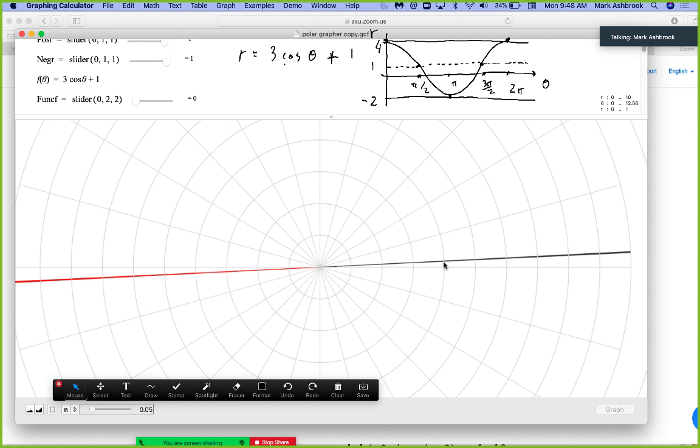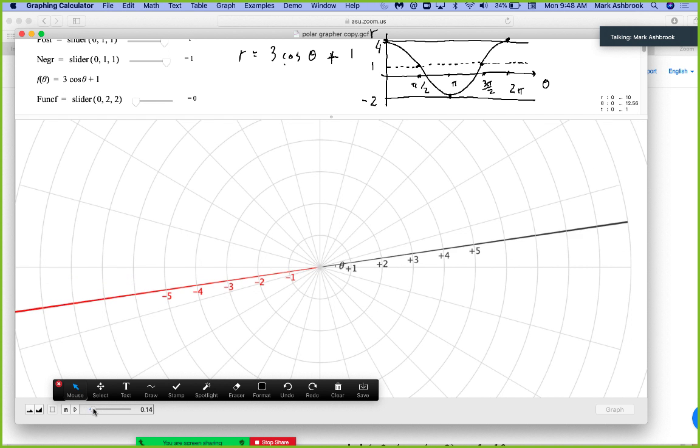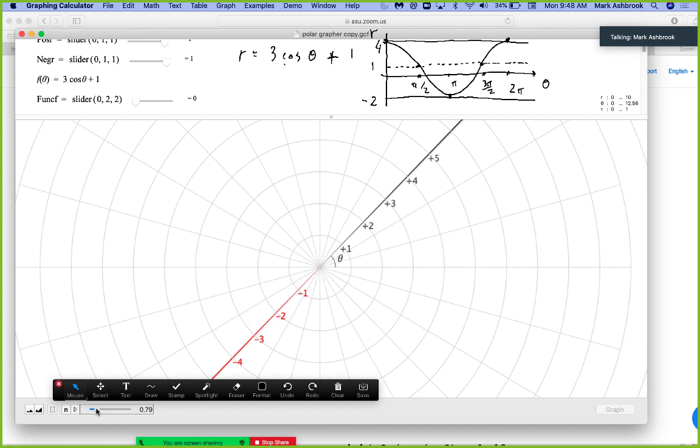Now imagine in your mind's eye, as theta increases, as we go around counterclockwise, that we're going to slowly decrease at first, and then as we get closer to pi over 2, that r value is going to more quickly decrease to 1. So imagine that we're at 4, and imagine the radius slowly decreasing, and then more and more quickly decreasing until it ends up at 1 when we're at pi over 2.